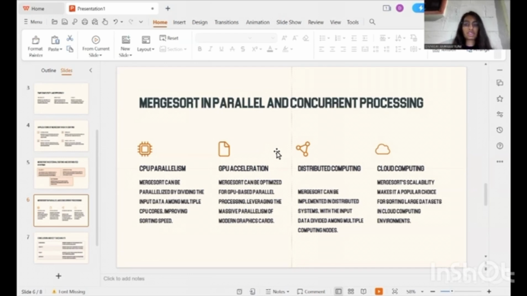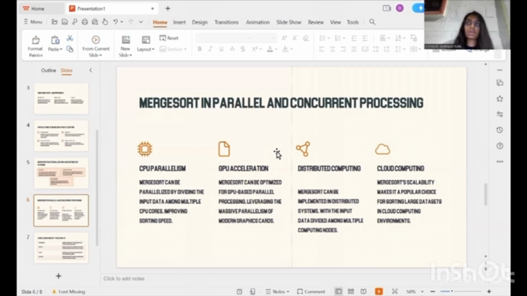Now, coming to the last one, that is cloud computing. Cloud computing is a platform, like distributed systems. These are platforms used for storage purposes, that is, platforms that can store a huge amount of data. In such situations, merge sort plays the most important role.